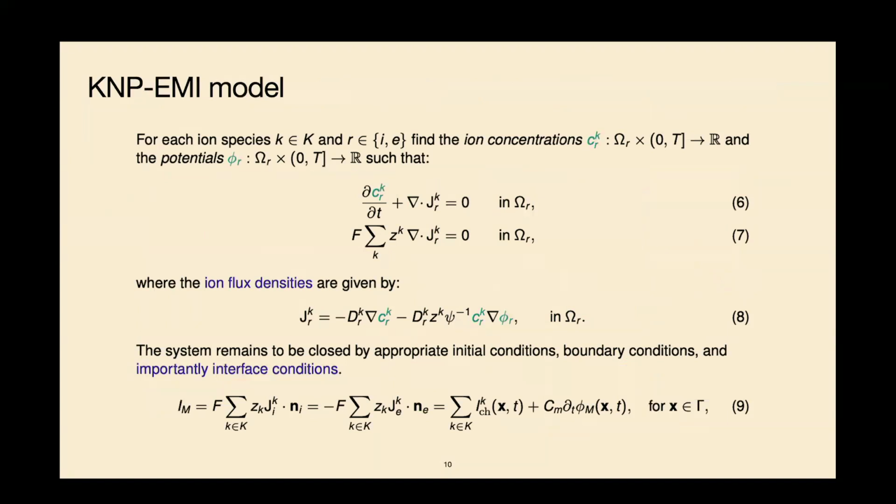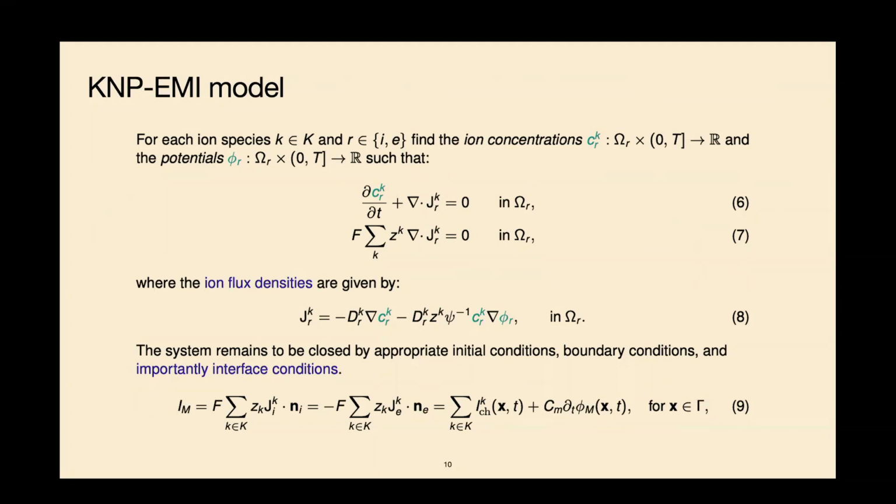But what we're actually doing is this KNP-EMI model. So we also consider concentrations. We have these two equations which model this phenomenon. The first one is essentially a continuity equation for the concentration, and you have here for the flux a diffusion term and an electric drift term, which depends on the electrical potential. This is your drift velocity. And the second equation is a neutrality equation.